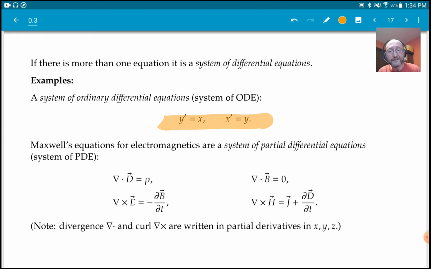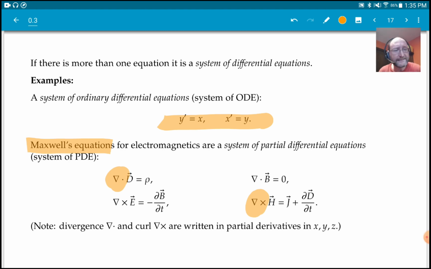For example, Maxwell's equations from physics. These are some of the most basic equations in modern physics, and so that's a system of PDEs. Here it might not really seem like that, but this is divergence and this is curl, and you can write them out, but they're annoyingly long, so I didn't want to put that on this slide.